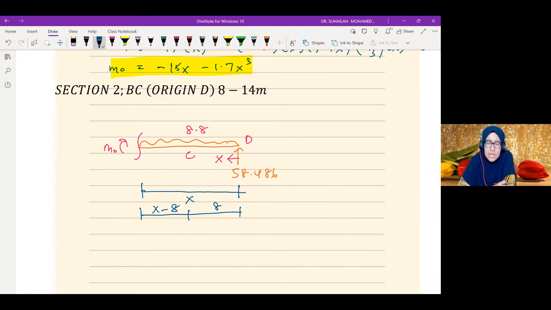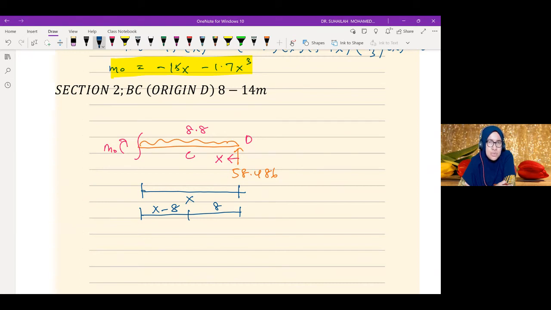Actually, we can also choose C as origin. We have the option. We can choose any origin that we like. Let's say we write the moment equation and then compare.